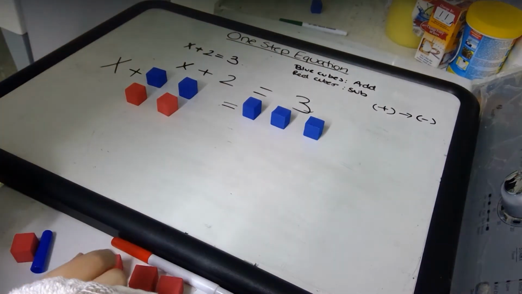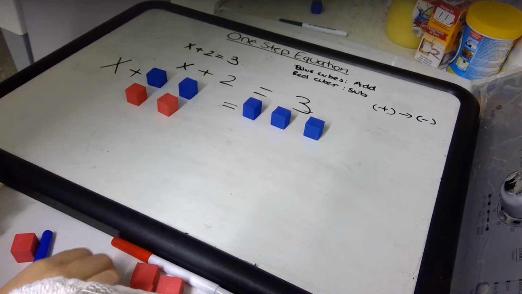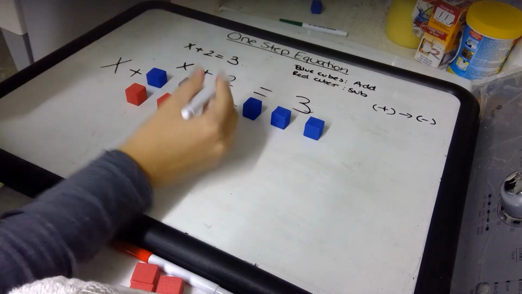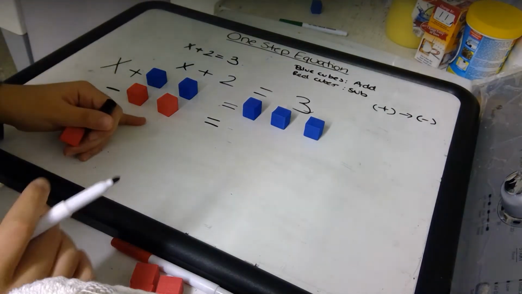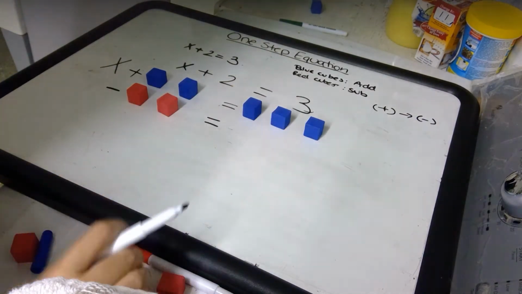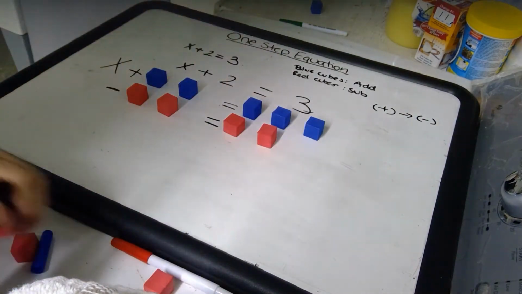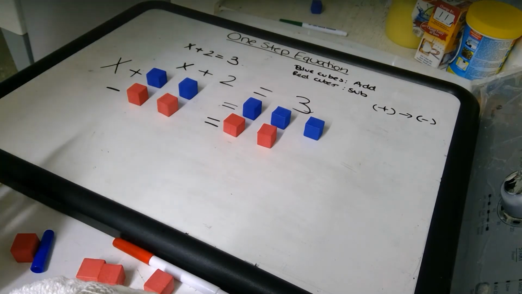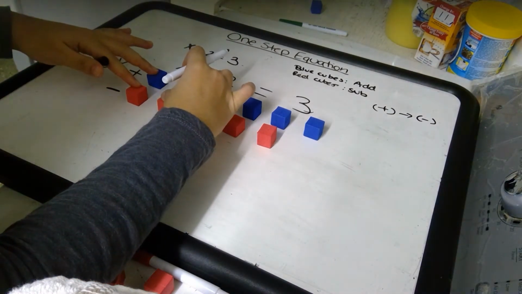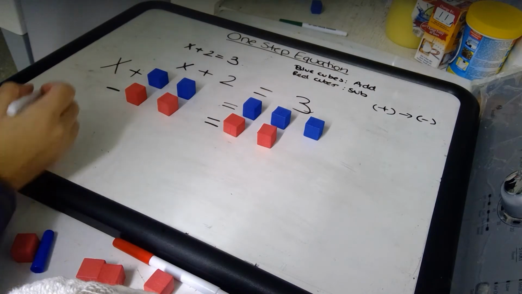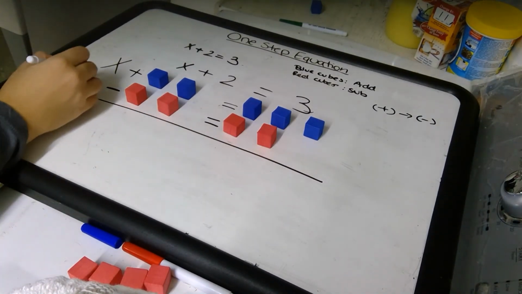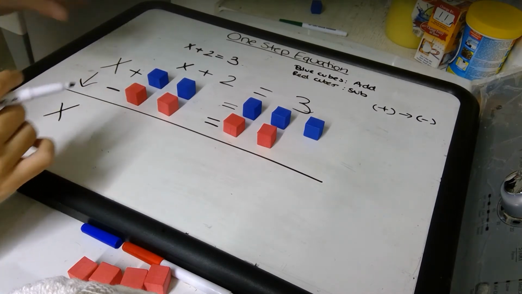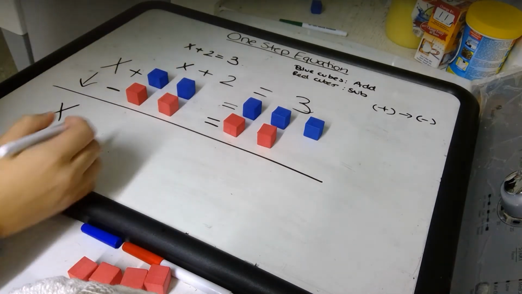And what we do to one side, we have to do to the other side, right? So we subtract the 2, and we're going to do the same thing. We're subtracting 2 here, right? Remember that whenever we have 2 of opposite colors, they cancel each other out. In this case, I'm going to bring the x, right? They cancel each other out, so it is equal to 0.